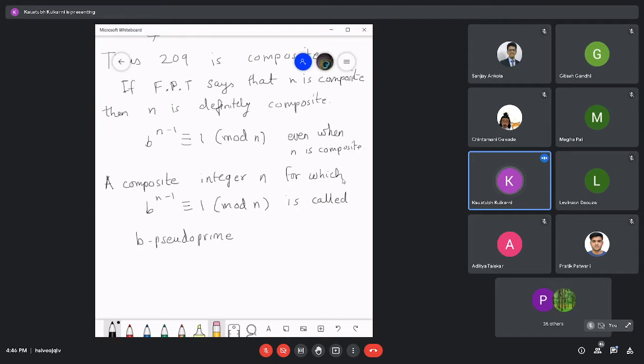One example of such a number is n equal to 341.